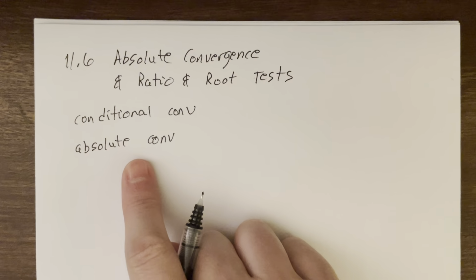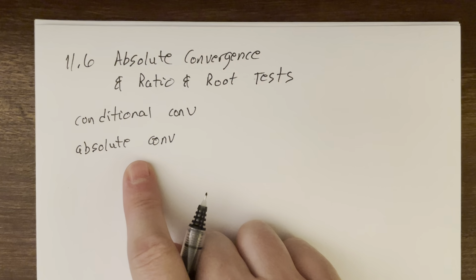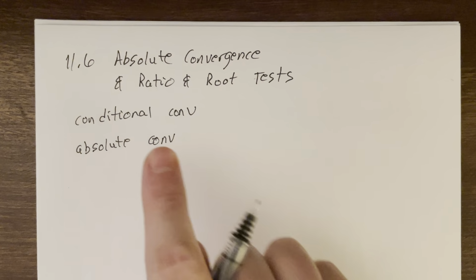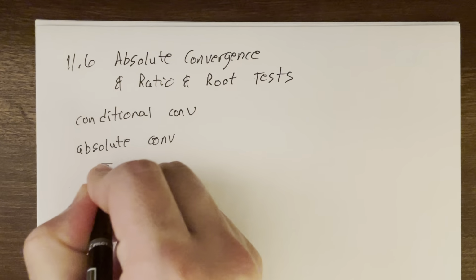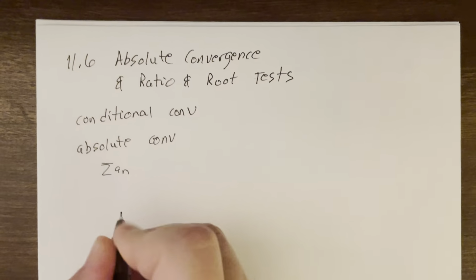I'll explain what the deeper meaning between these are in just a moment, but for a straight definition, a series is absolutely convergent. So the series A sub n is absolutely convergent if the series, the absolute value of A sub n, converges.